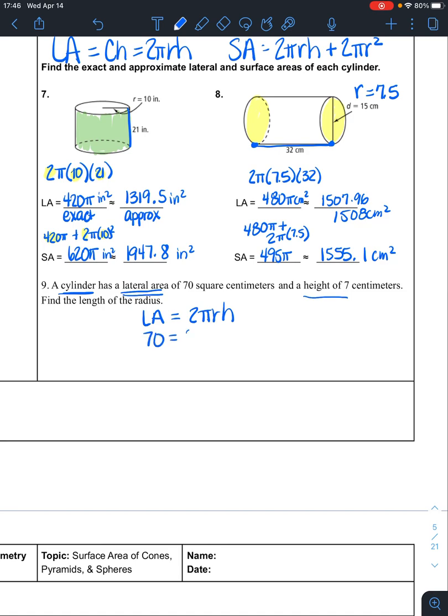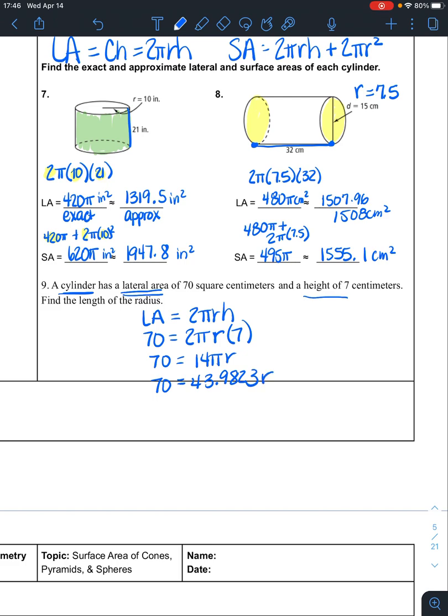So my lateral area was 70 equals 2 and pi are your constants. We want to find R, and then we have H. So H is 7. So I like to do all the math that I can do. So I would do 70 is equal to 14 pi r. Now you could also do 14 times pi. Let me show you how you can handle this because I don't want you to make a mistake. You could do 14 pi and you would get 70 is equal to 43.9823 r.